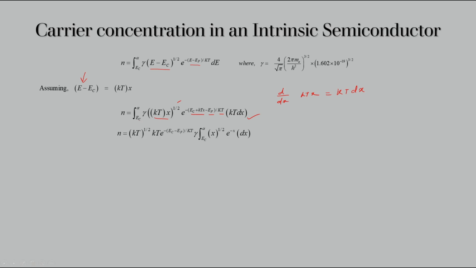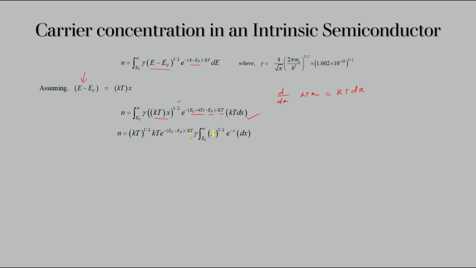Moving forward, this term KT is a constant, so that will come out. KT to the power half will come out. Then this KT term will also come out. Then e to the power minus of EC minus EF by KT. This term will also be a constant, so it is out of the integration, and gamma is also constant, so gamma is also out.